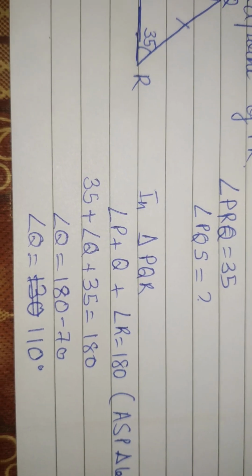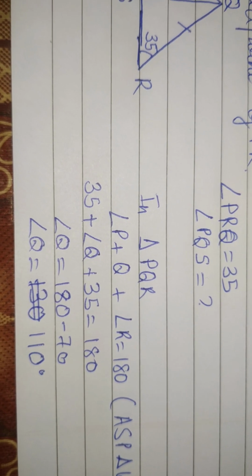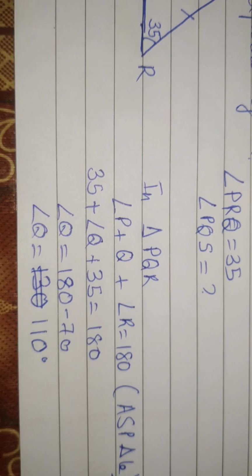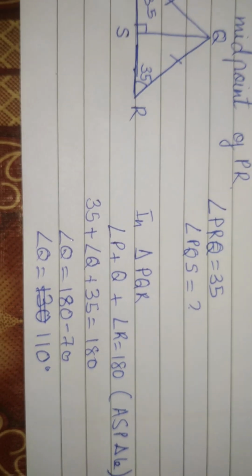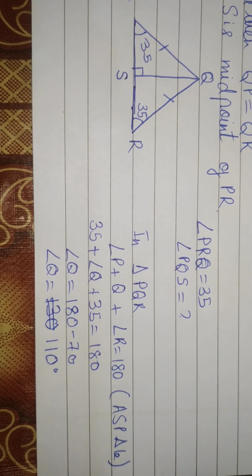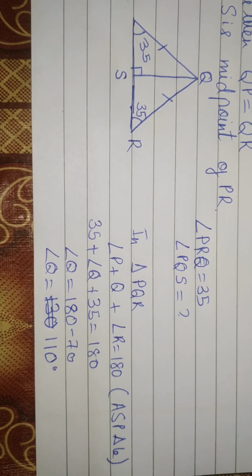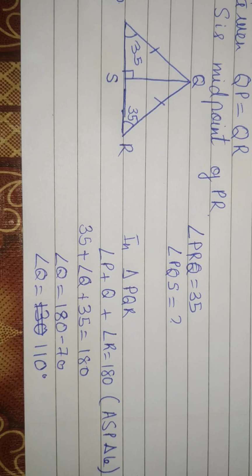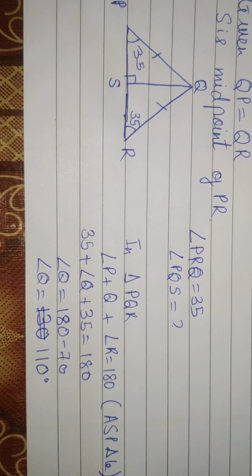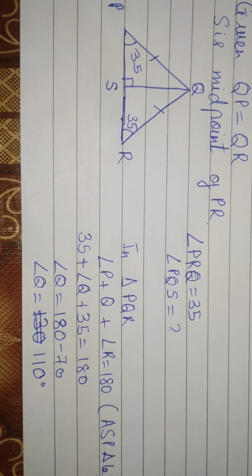First, I will take triangle PQR. Angle P plus angle Q plus angle R is equal to 180. Why? Angle sum property of a triangle. Angle P is 35, angle R is 35, so angle Q plus 35 plus 35 is equal to 180.